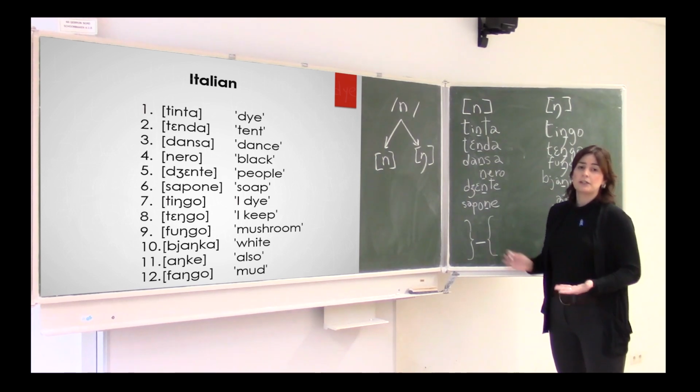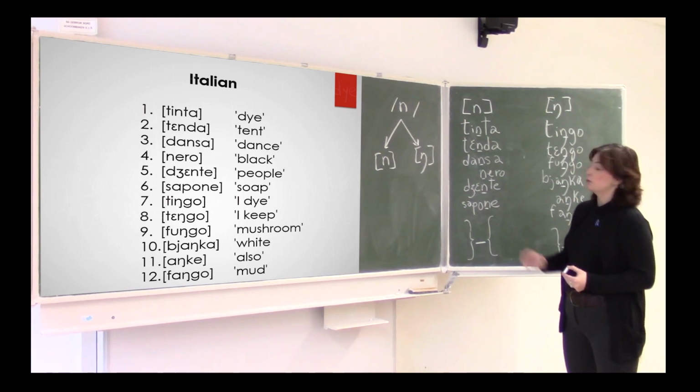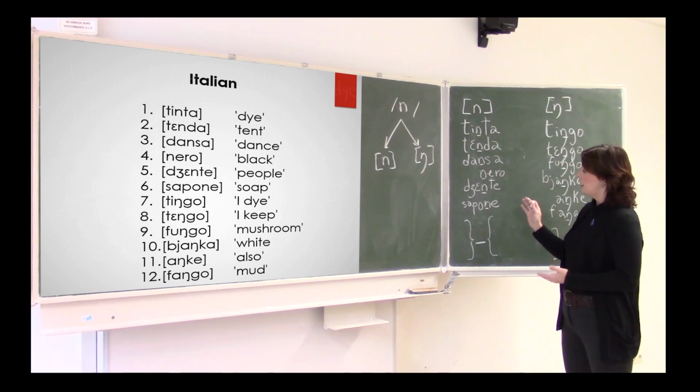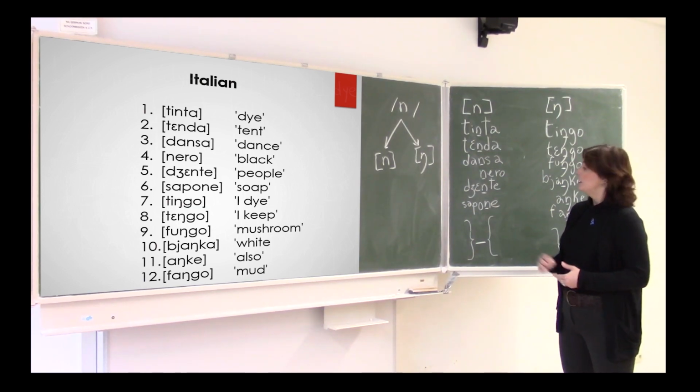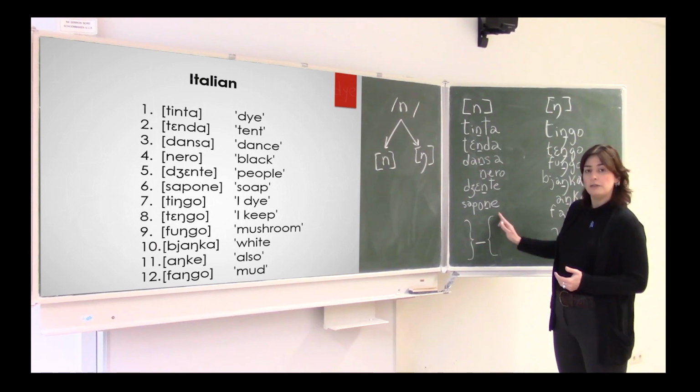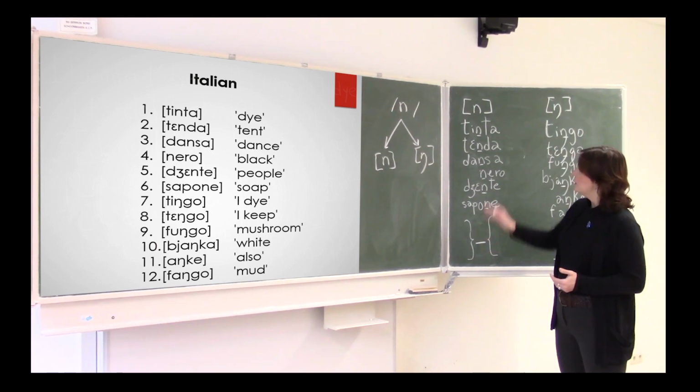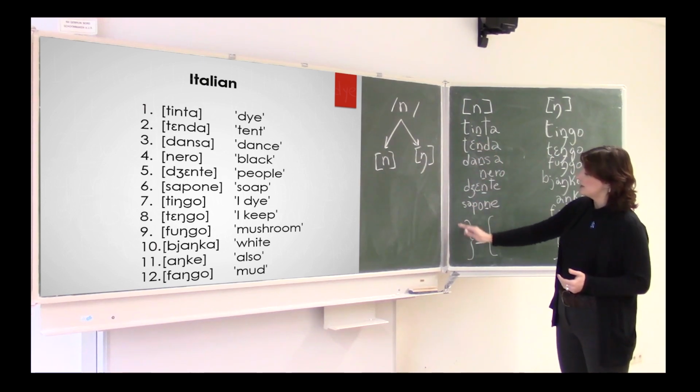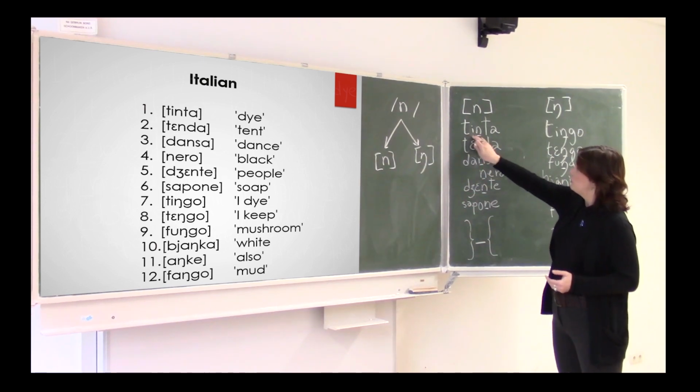Now I have my data nicely ordered, so I can start finding out what the linguistic environment for the one sound or the other is. In order to do that, I have to list everything that appears before my sound and everything that follows my sound. So I go one word at a time, and I just list here everything that goes before it.